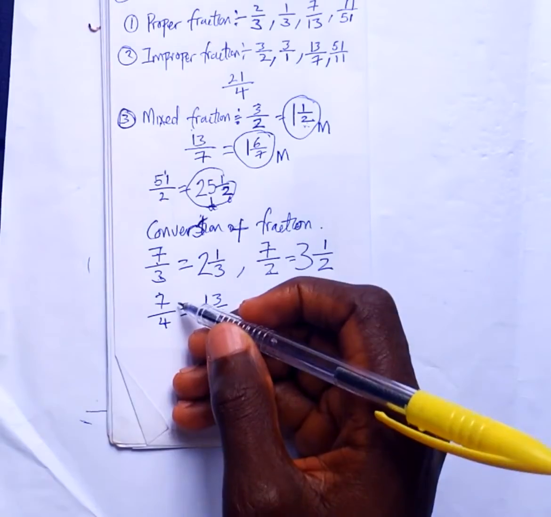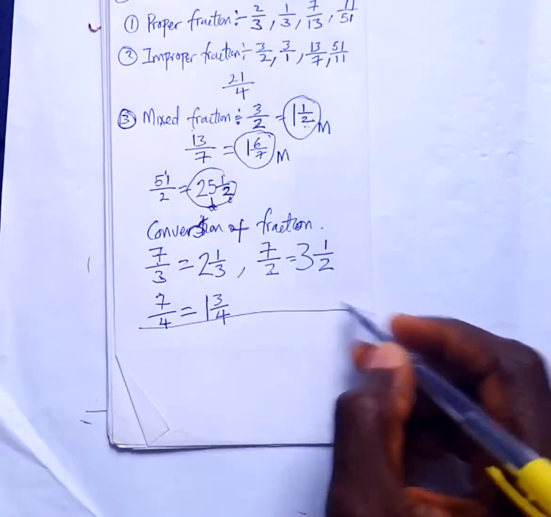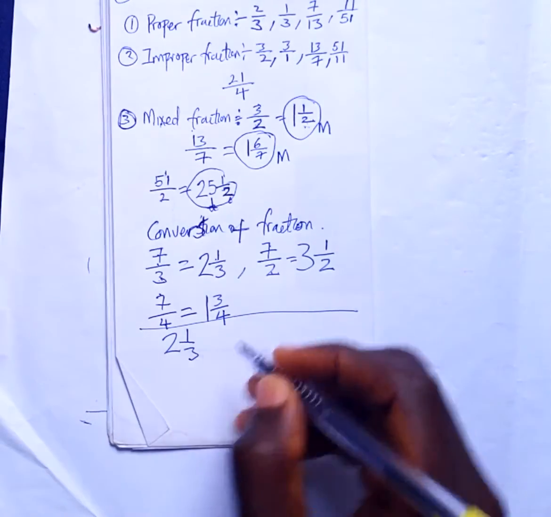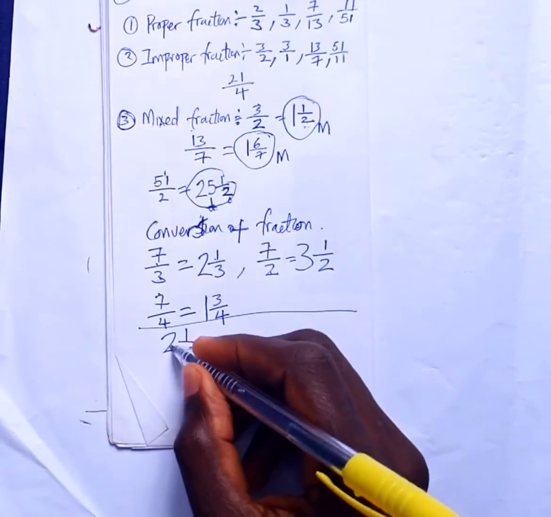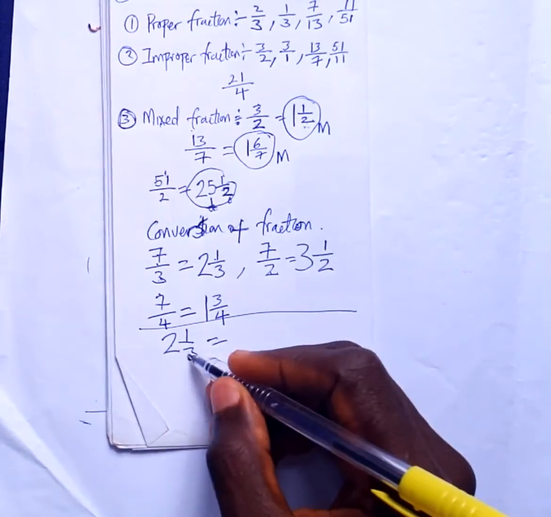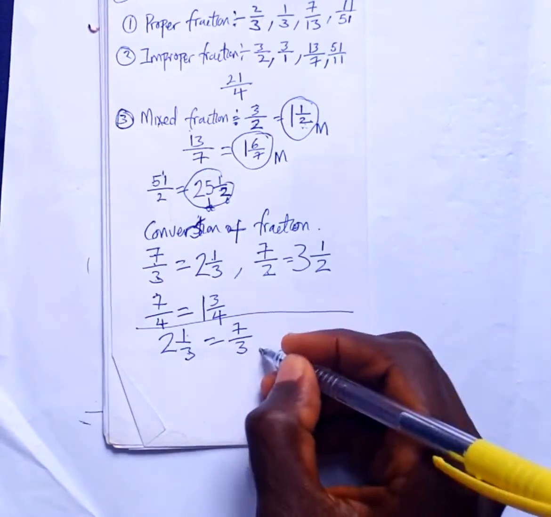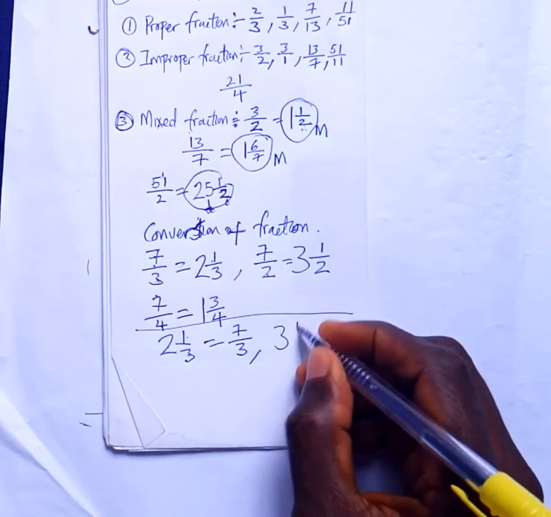While converting from a mixed fraction, for example, we have 2 and 1/3. It will be 3 times 2, which is 6, plus 1, so 7/3.